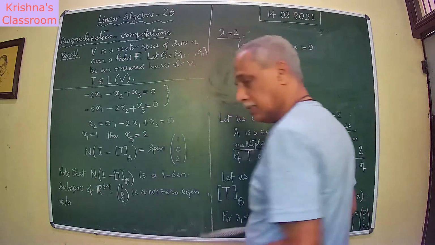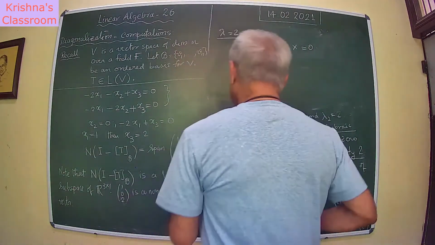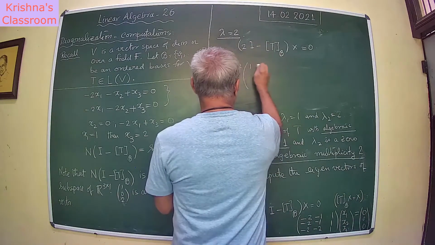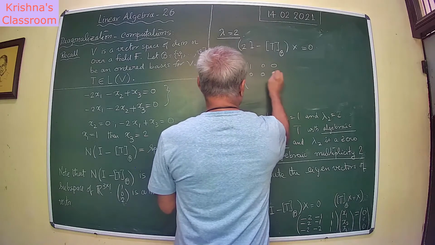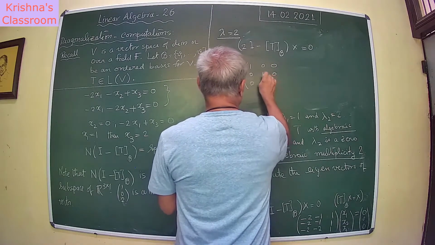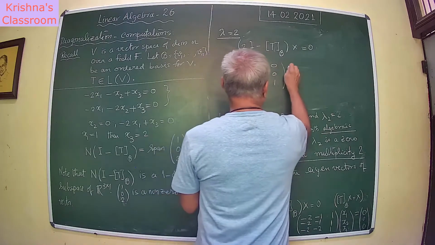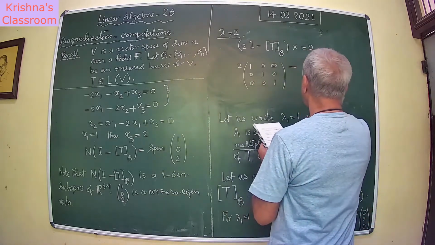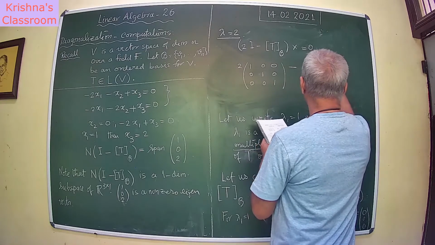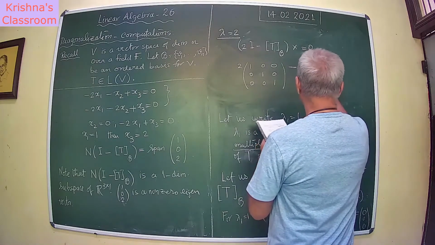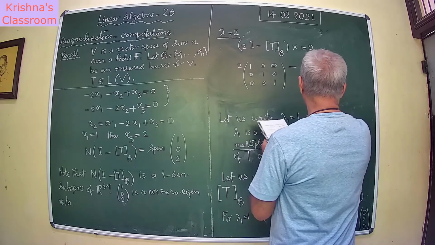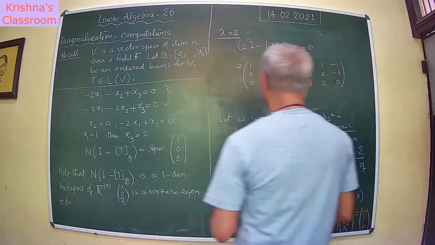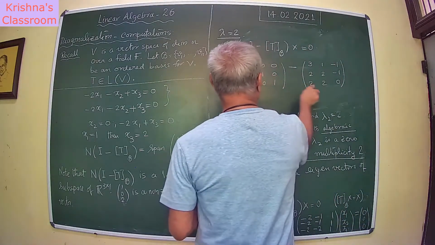So this is equal to 2I minus TB. I don't have the computations readily available.